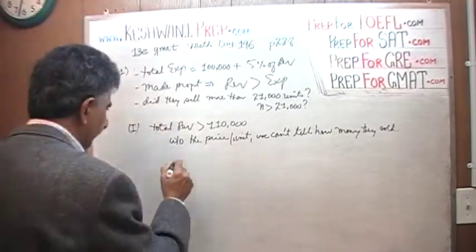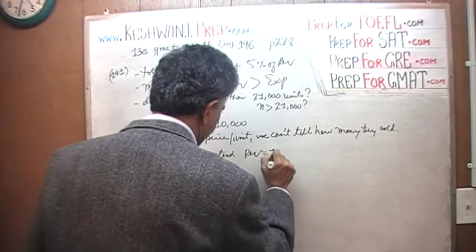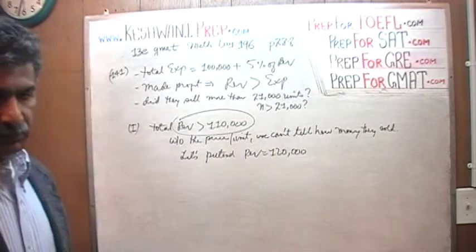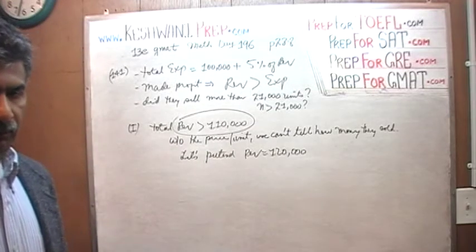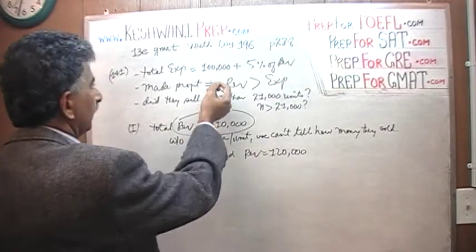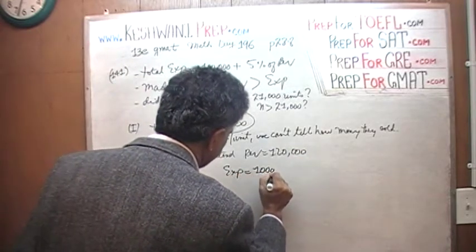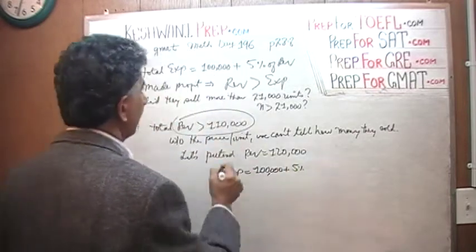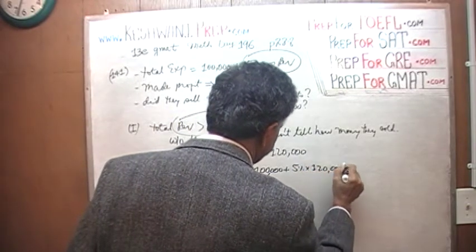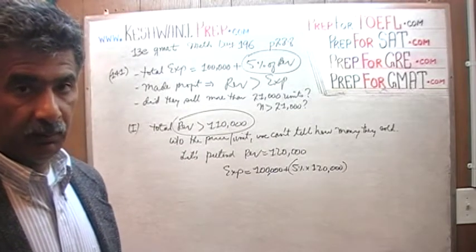For example, let's pretend that their revenue was $120,000. They're telling us that the revenue was more than 110. Before we do anything with it, first thing we have to make sure is that it is a legitimate figure. We are told that their expenses are $100,000 plus 5% of their revenue. 5% of $120,000: 10% of $120,000 is $12,000, therefore 5% would be $6,000.